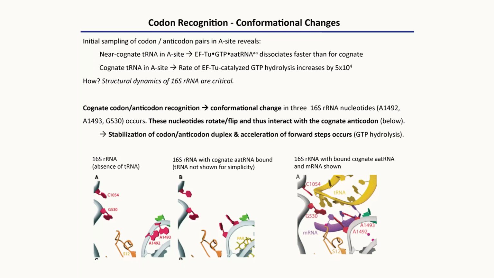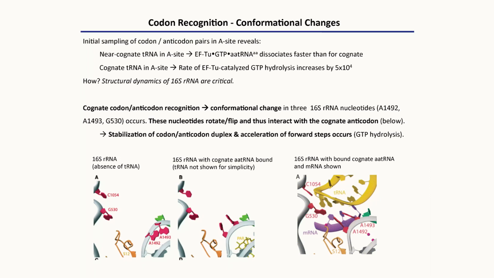And these are just shown here. Effectively, what we're looking at in these 3 panels are the 16S rRNA in the absence of the tRNA, in the presence of the tRNA, but the tRNA is removed from this image for simplicity, and then with the tRNA bound.